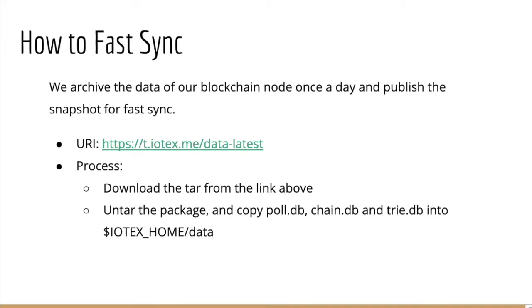This instruction is most important for the folks who haven't started with our blockchain yet. If you haven't started, when you want to join the blockchain network, please use this fast sync mode. Thank you.